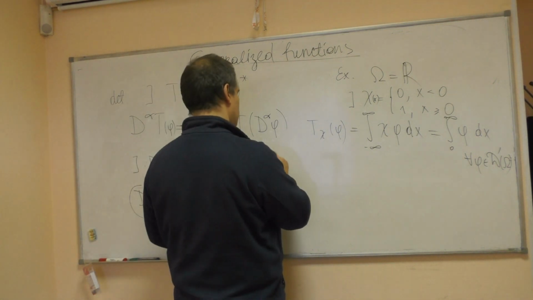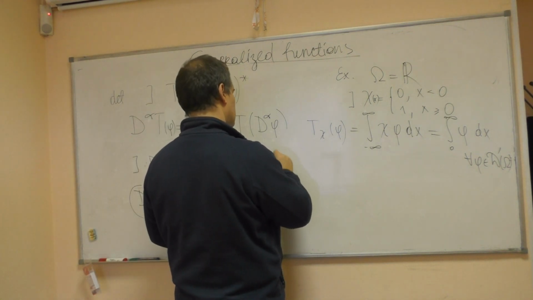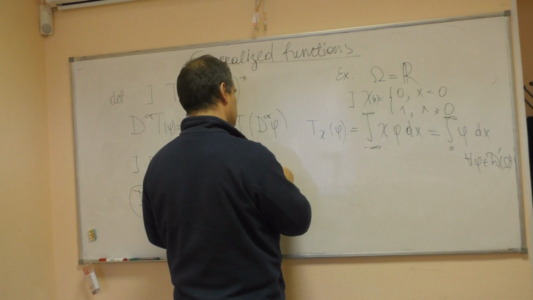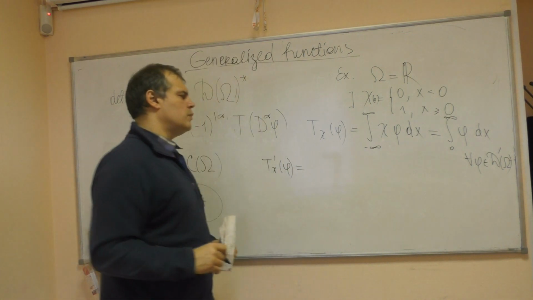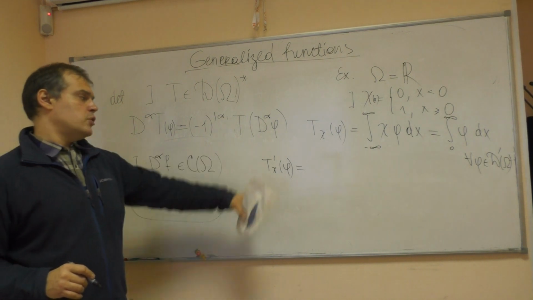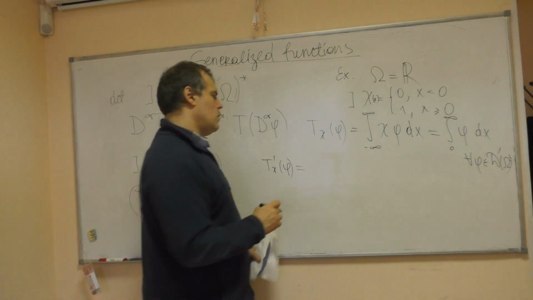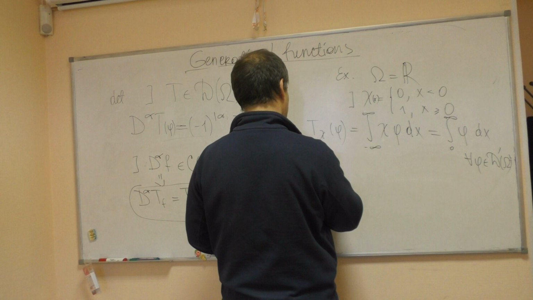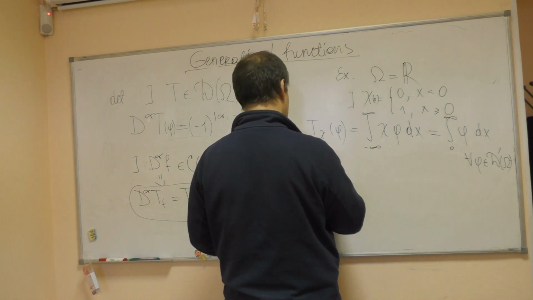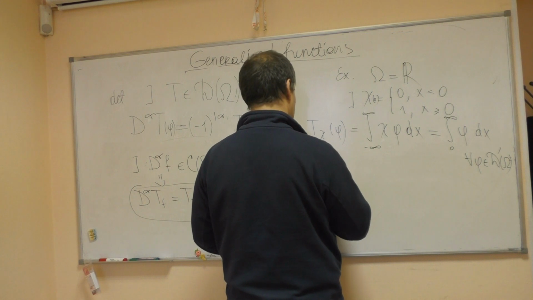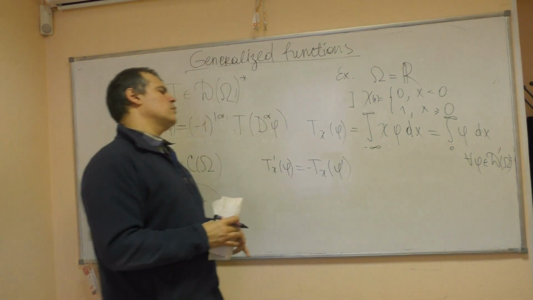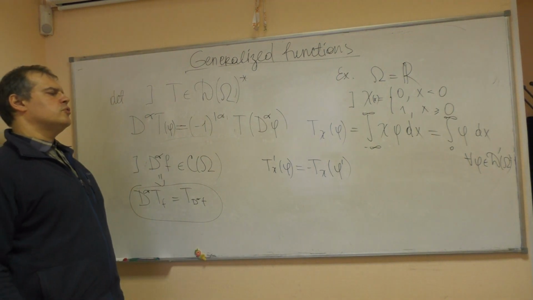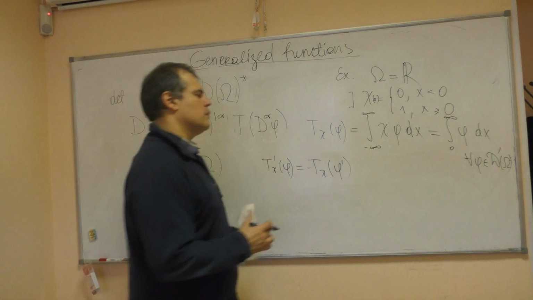By definition, the derivative of this distribution is minus the distribution of the derivative of phi.